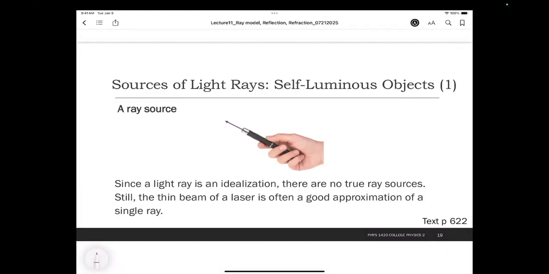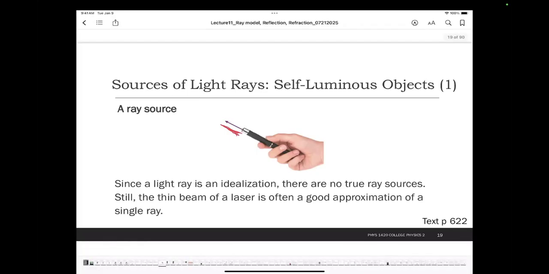Still, the thin beam of a laser is often a good representation of a single ray. If you use a laser, there will be a light ray. We can consider it as a single ray, but it is not. It is just a good approximation.